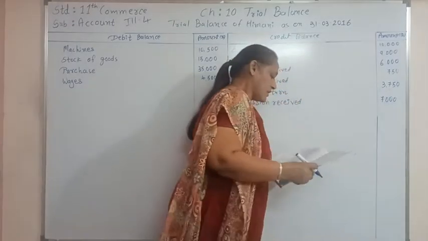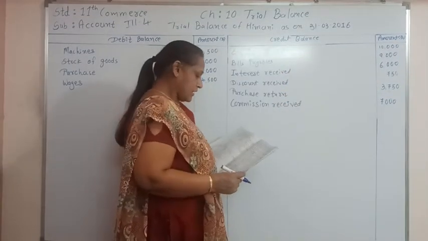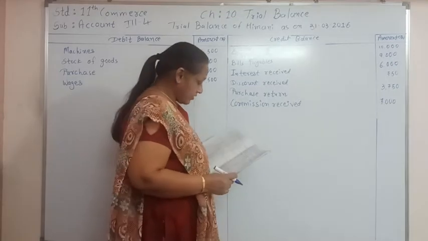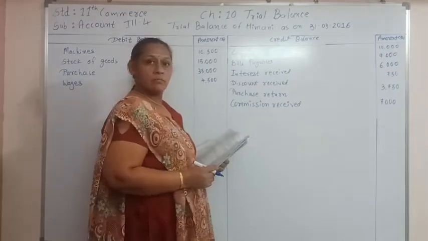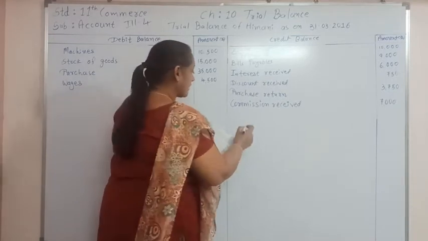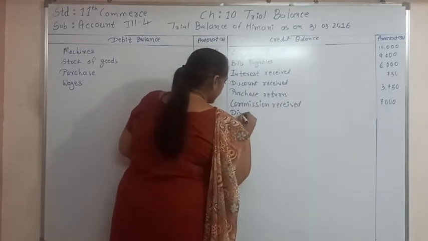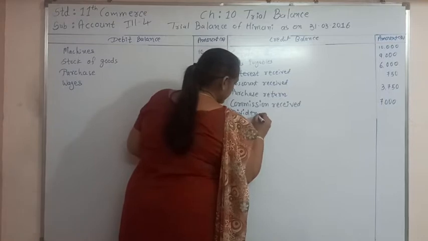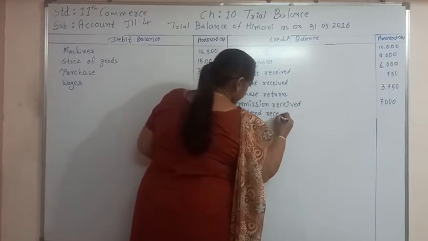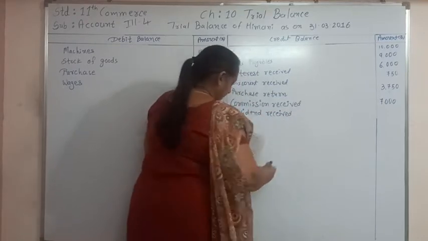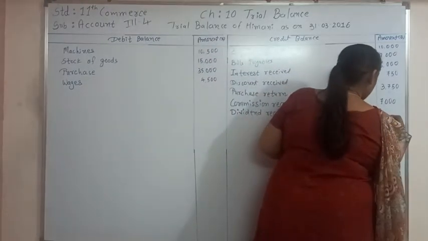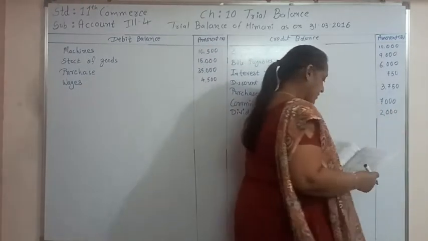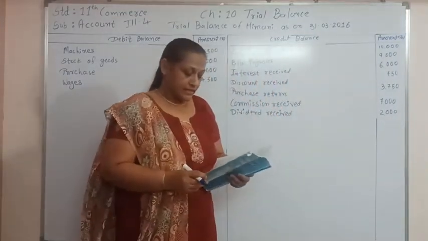After commission received, here it is written on the debit side, but as we know it is an income, and all incomes have credit balance. So here dividend received on the credit side. And dividend received is rupees 2,000. After dividend received, all the debit side is finished.